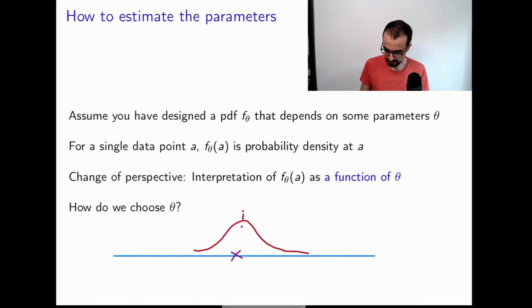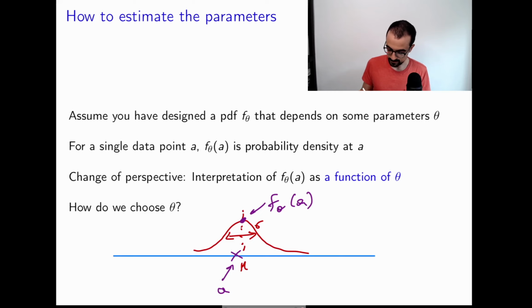And the Gaussian has this parameter mu and another parameter sigma. Okay, so now we can vary the parameter sigma and mu so that the density at A, let me annotate, actually I should annotate it in the same color, right? So that is A, and this value here is f of theta at A.